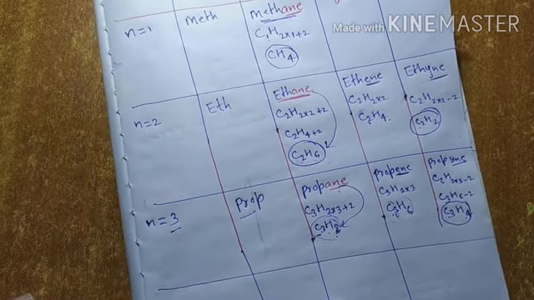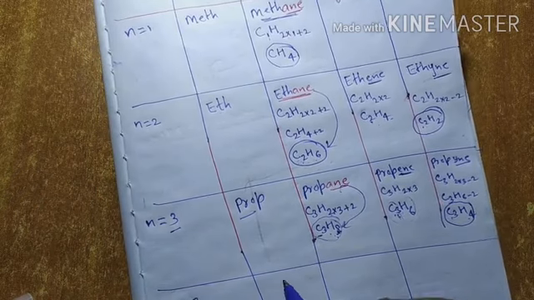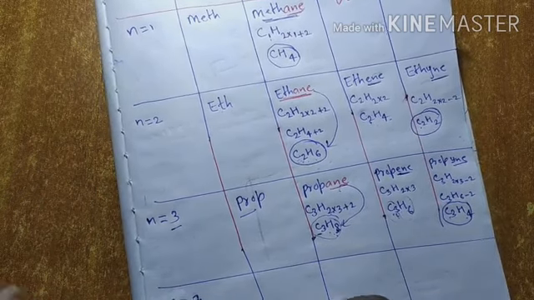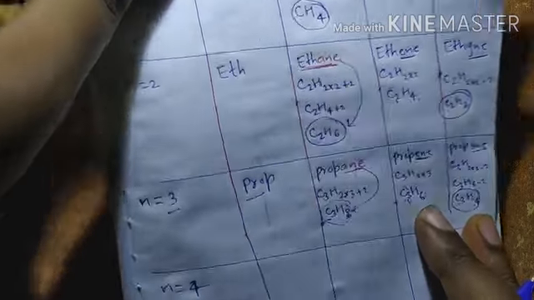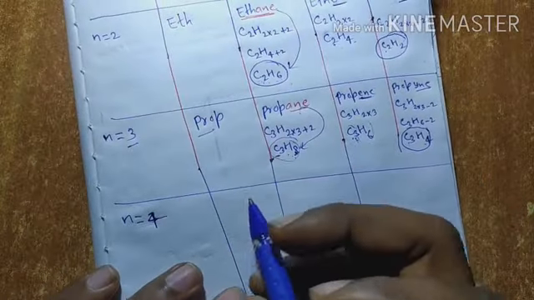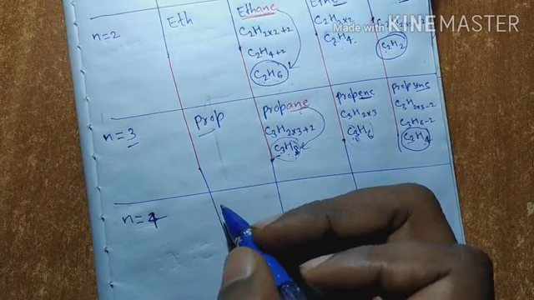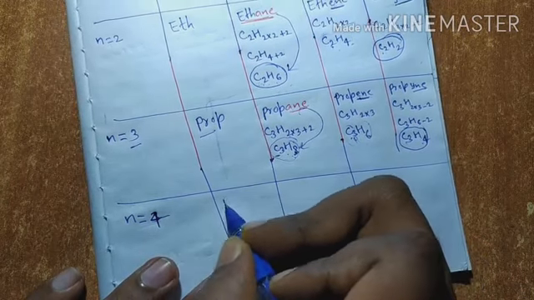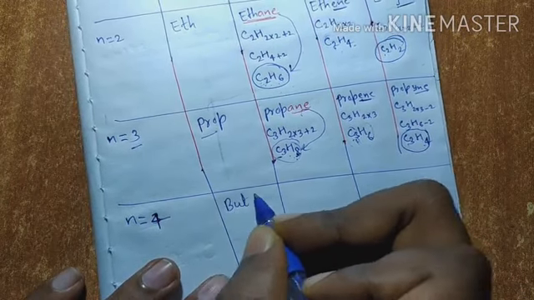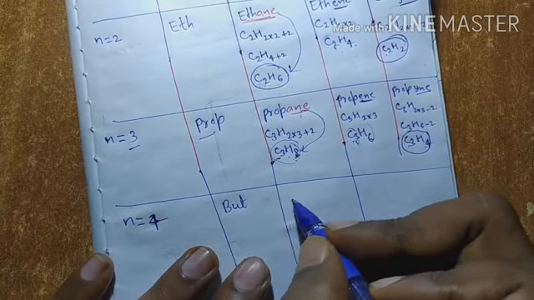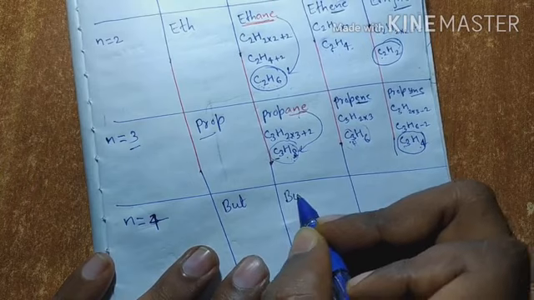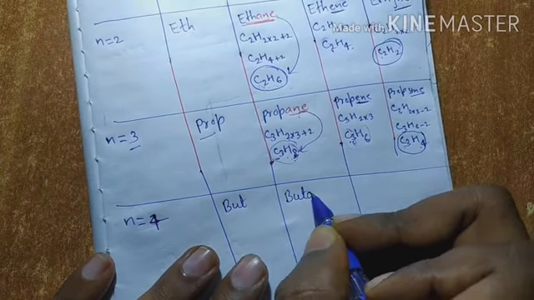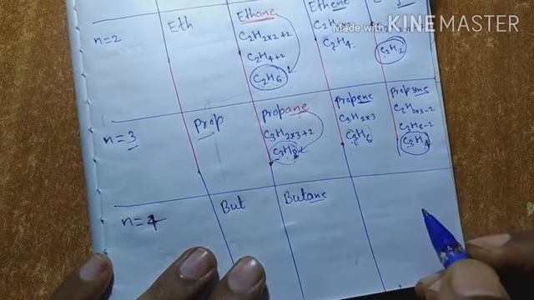If n is equal to 4, the root word will be but. So again, alkane will be but, you add suffix ane, butane.